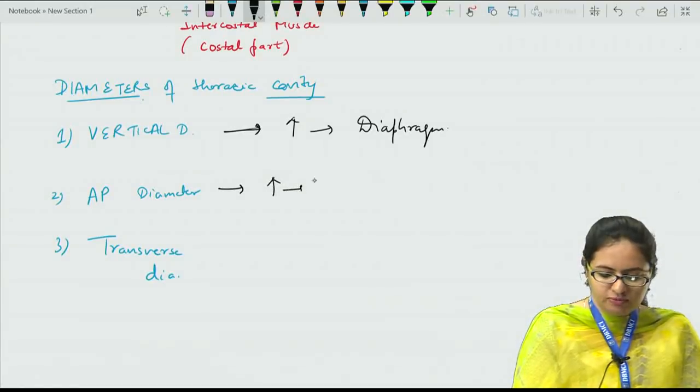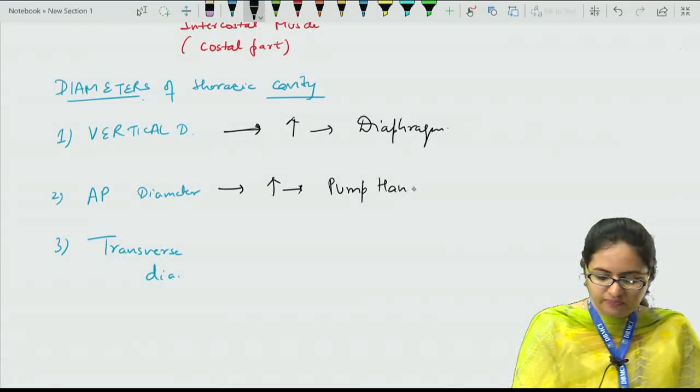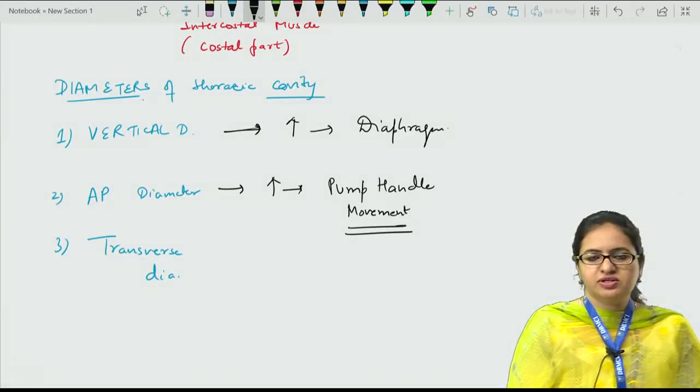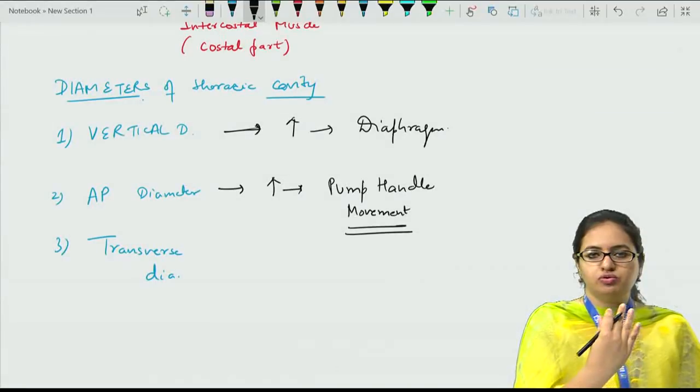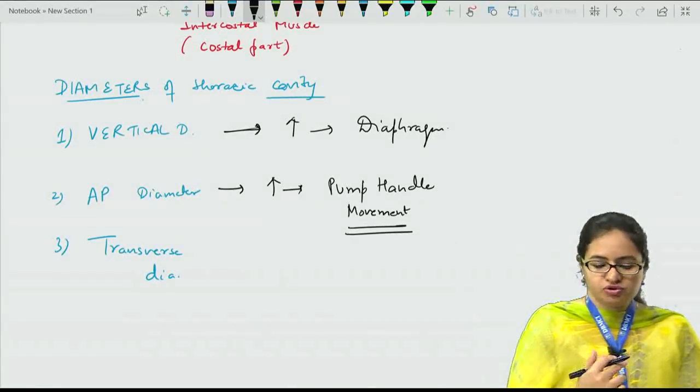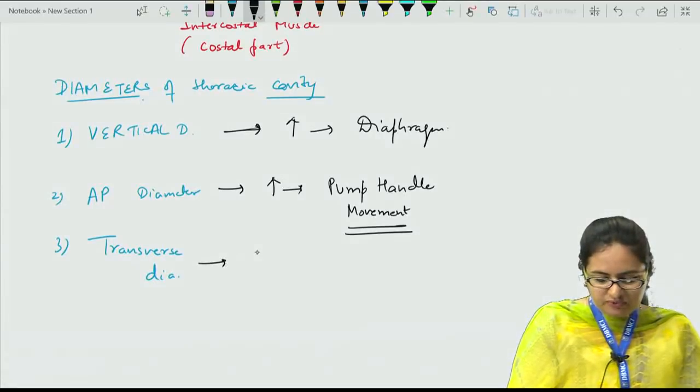The increase in the anterior posterior diameter is by the pump handle movement. In this, the anterior ends of the upper 6 ribs elevate, and due to that the sternum will also go upward and forwards, and this will increase the anterior posterior diameter of the thoracic cavity.